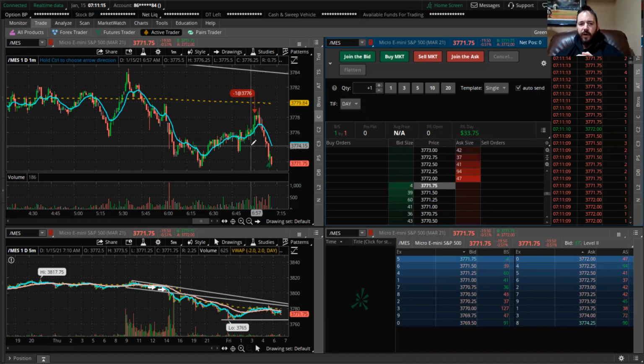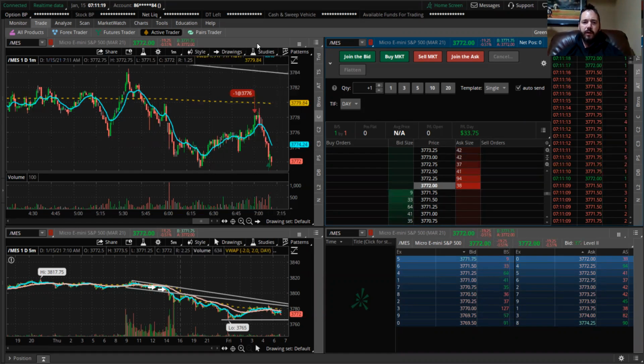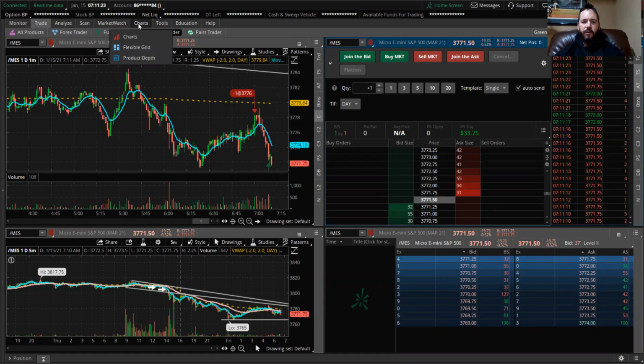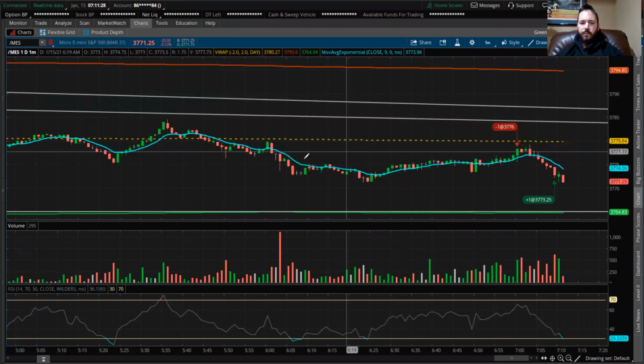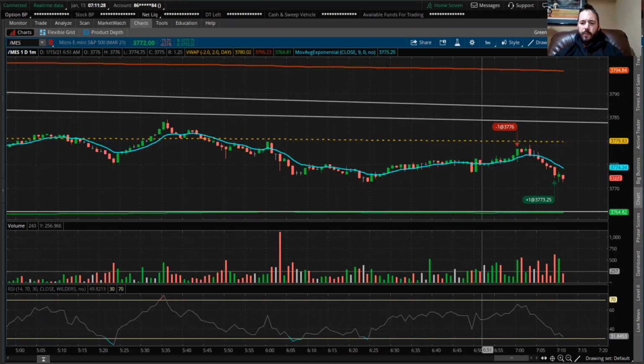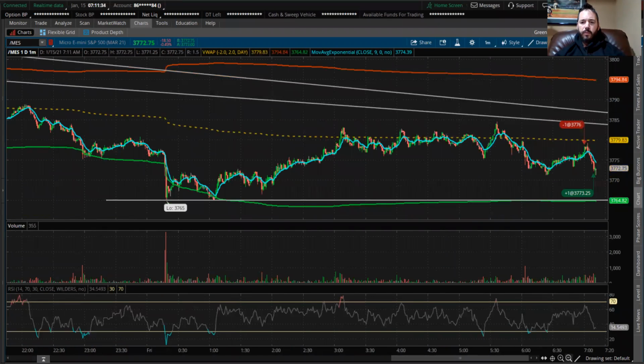I like taking trades around there, especially when you're in a bearish side of the market right now, which is below VWAP. So let's go back to the bigger chart so you guys can see more clearly. Let me just zoom this out a little bit.